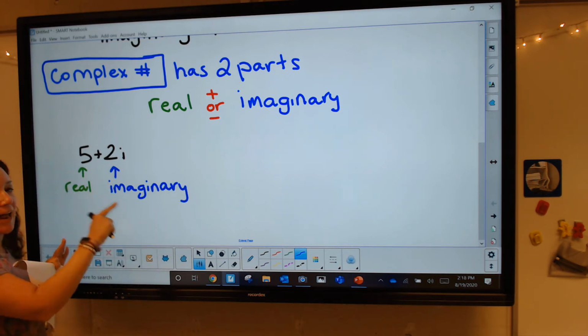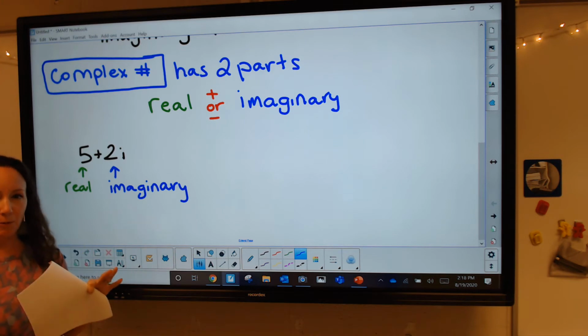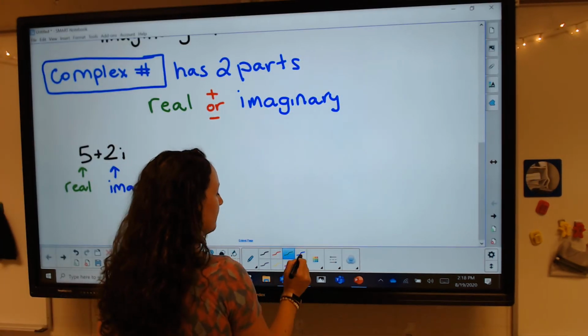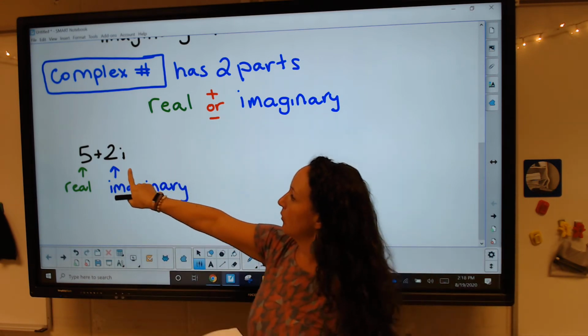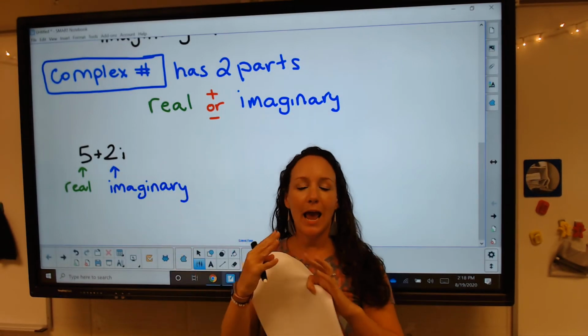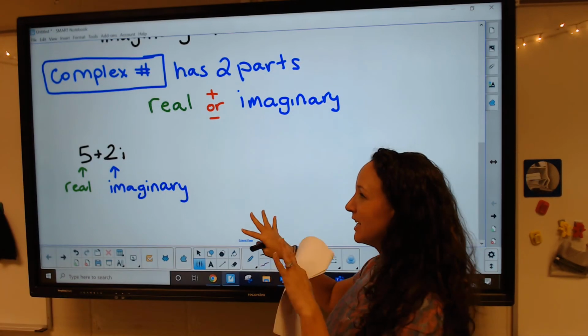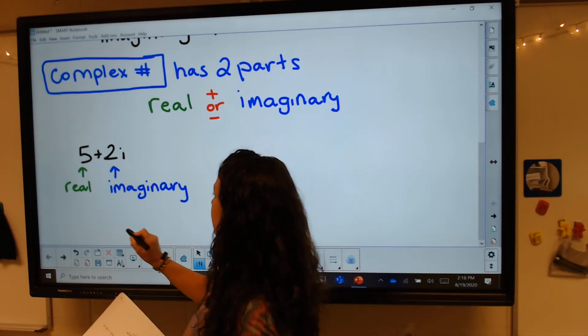And I can't add those things together. Do you remember when we did like terms? Since they don't both have an i on them, I'm not able to combine that and say that it's 7i. I have to keep the pieces separate.